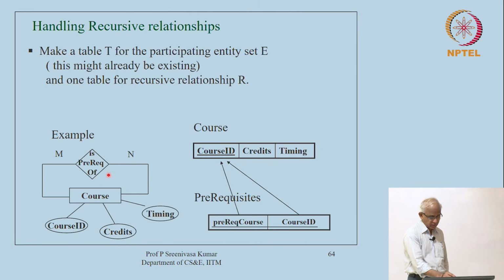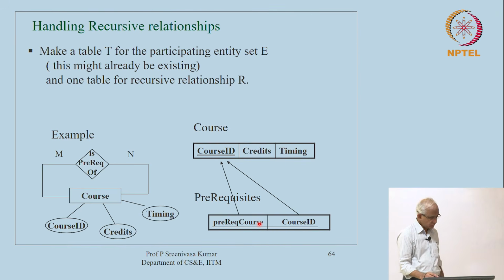Now, in order to handle this, irrespective of whether it is many to many or otherwise, we create a new table and create attributes corresponding to the role names, prerequisite and course, and then make both of them foreign keys that refer to the entity that is involved.